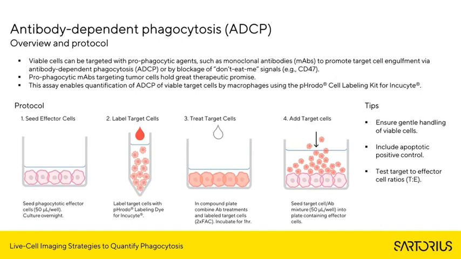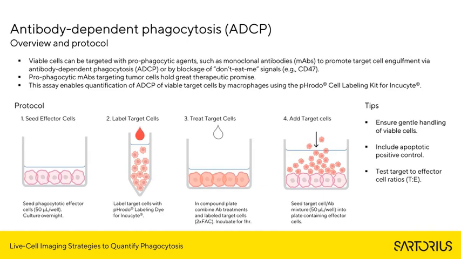The antibody-dependent phagocytosis assay enables quantification of ADCP of target cells by macrophages using the Frodo cell labeling kit for Incucyte. So the target cells in this case should be viable, non-apoptotic target cells. Prior to initiating the assay, we recommend that your experimental design includes replicate wells of each condition being tested.